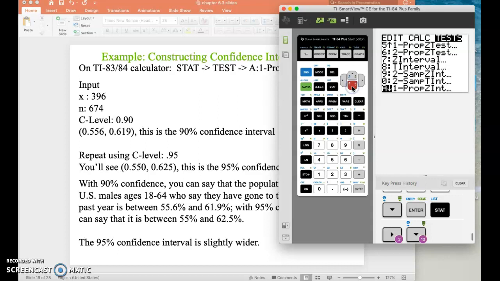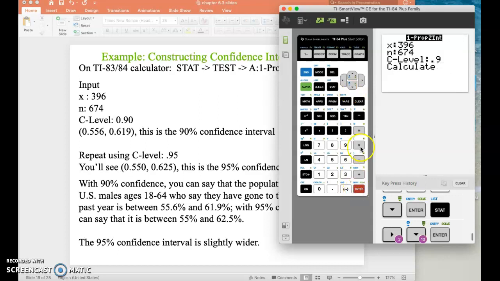I'm going to arrow down to 1-PropZInt and input 396 as X, 674 as N, and arrow down to my confidence level, and I'm going to input 0.95 for 95% and press calculate, and you'll see, rounding to 3 decimal places, my confidence interval is 0.550 to 0.625.